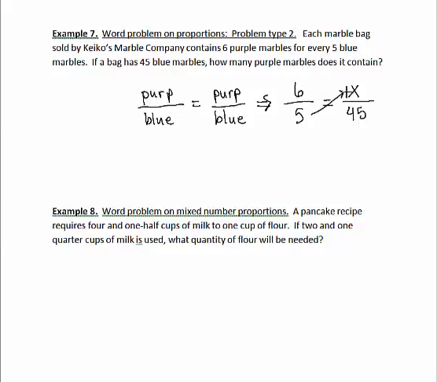And at this point, after setting up the proportion, we can solve the equation by cross multiplying to get 6 times 45 on one side and 5x on the opposite side. 6 times 45, well, if we multiplied 6 times 50, we would get 300, and then if we subtract 30, we get to 270.